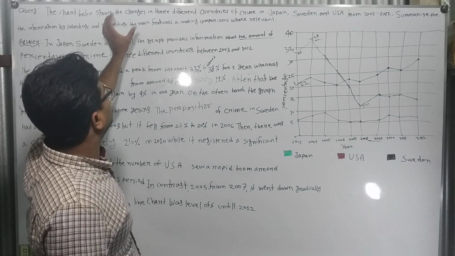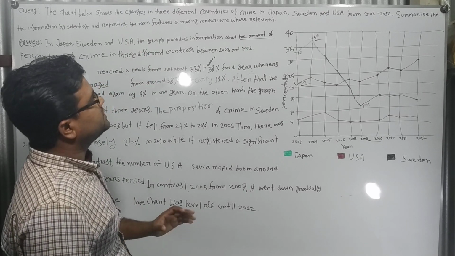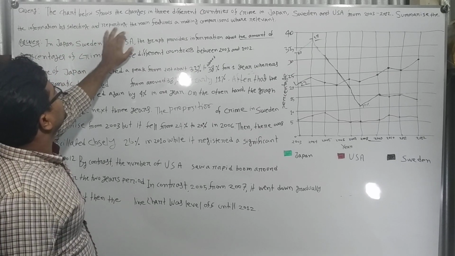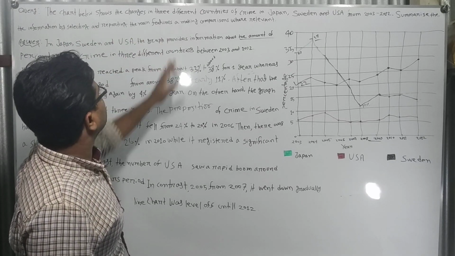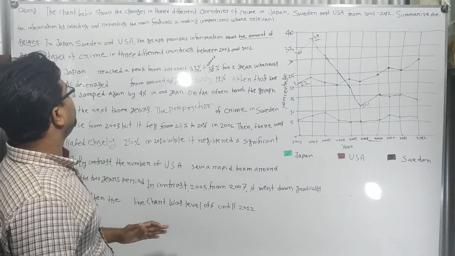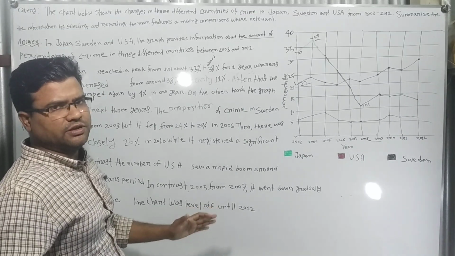It is the main question of the paper: summarize the information by selecting and reporting the main picture. Main picture means main idea or principal idea or major picture. It means don't try to write in details.